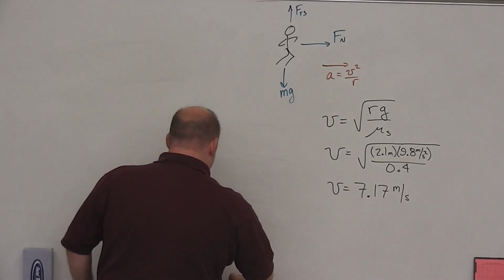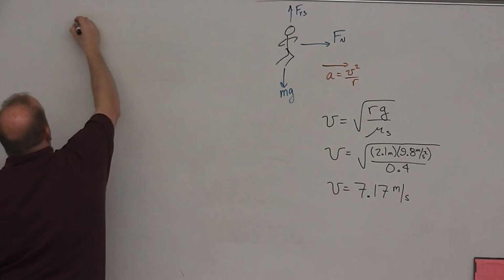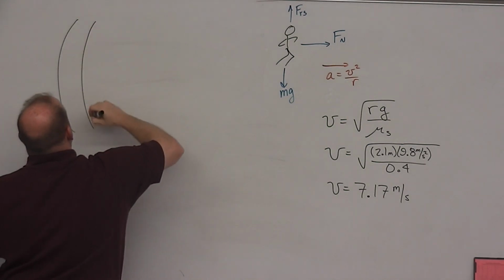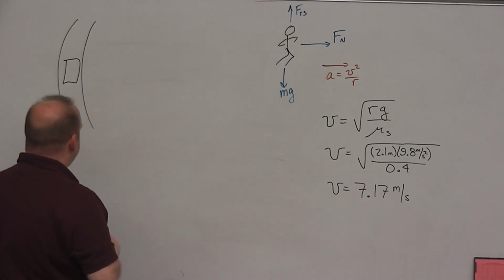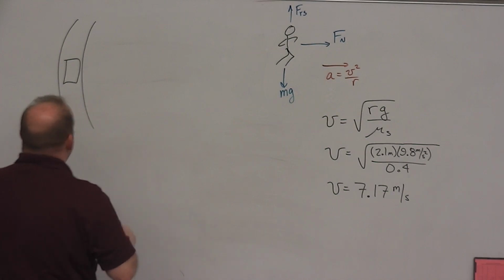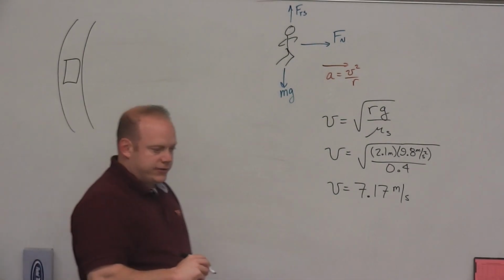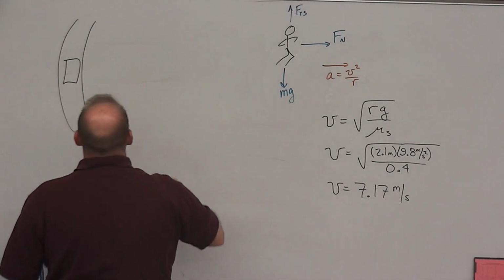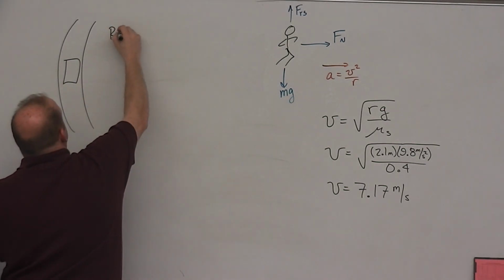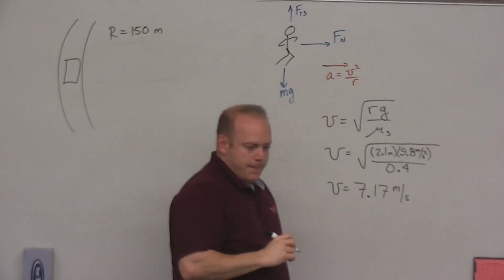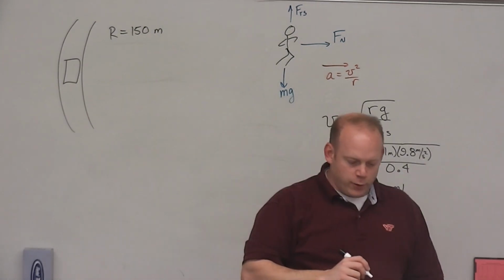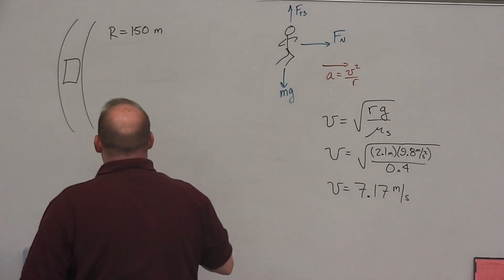We have a car going around a curve. We're going to look at the top view. The radius in this case is 150 meters, and μs is between the tires and the road.